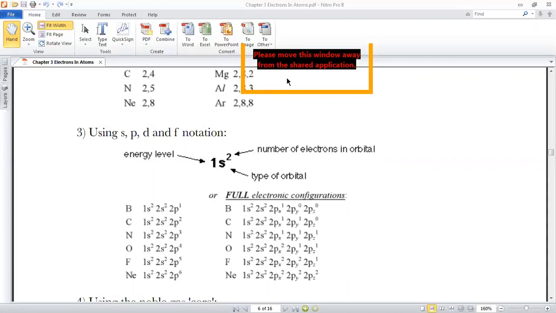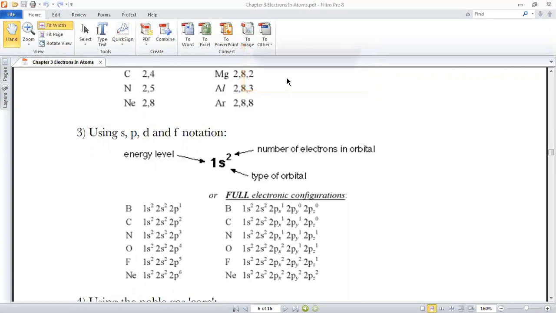So 2 electrons in 5 orbitals give a maximum of 10 electrons in the d subshell. So s can have only 2, p can have a maximum of 6, and d can have a maximum of 10. f can have a maximum of 14, but we will not be following f electronic configuration. We will not go to that level.